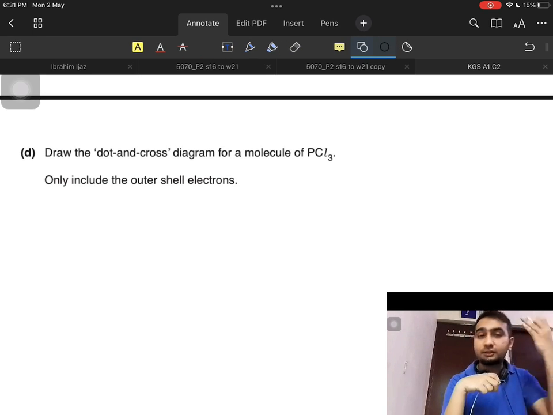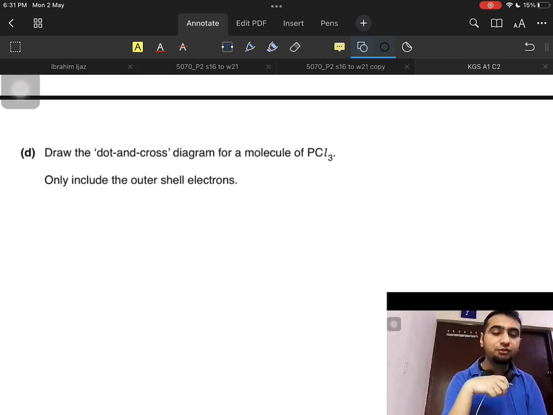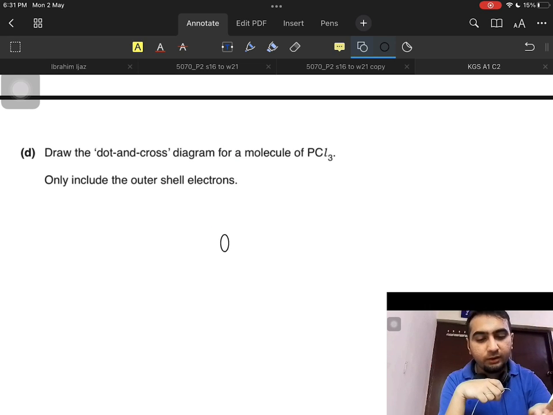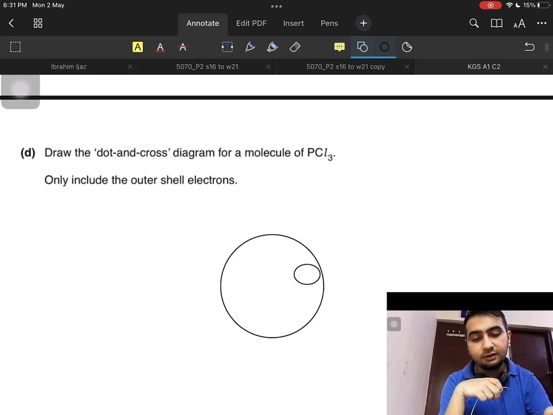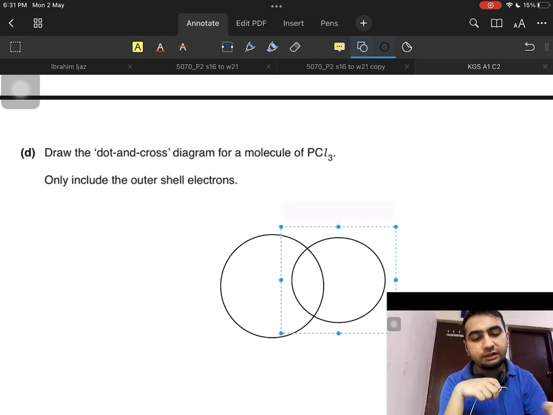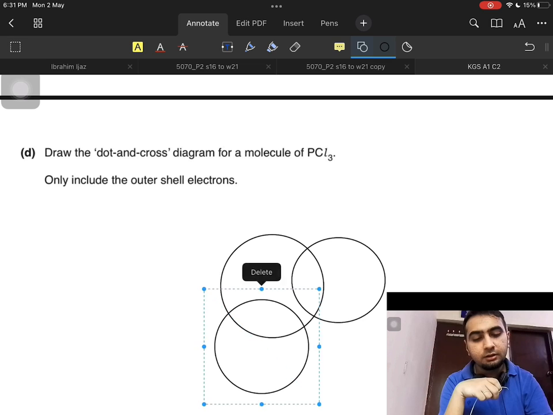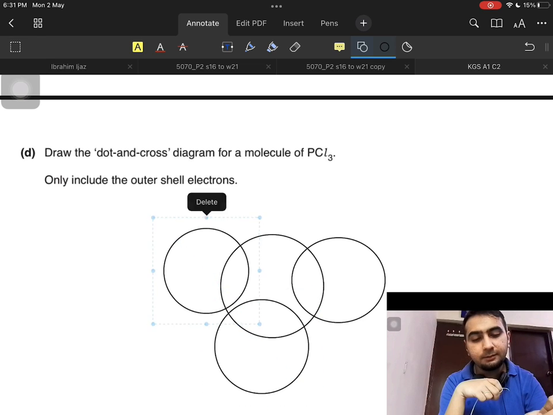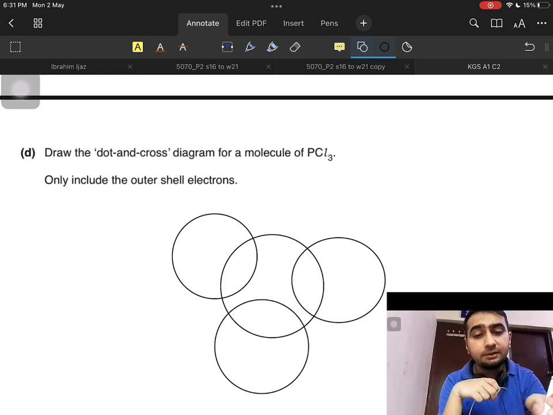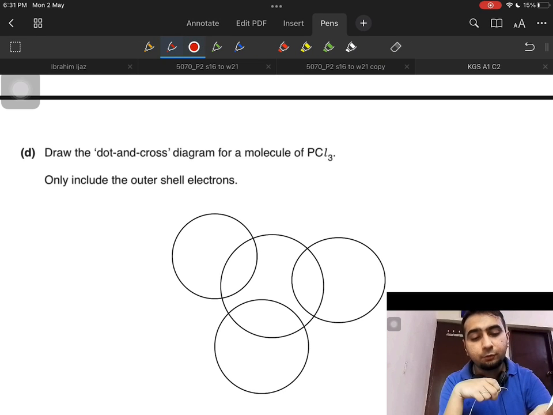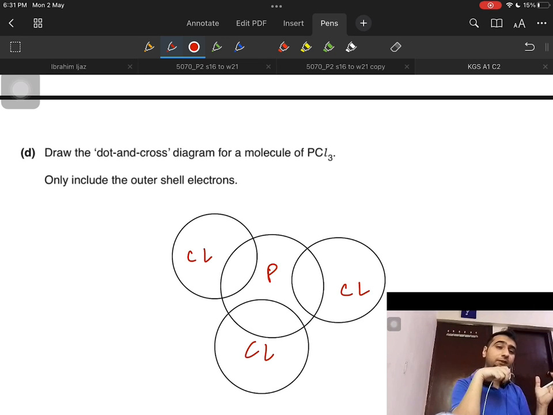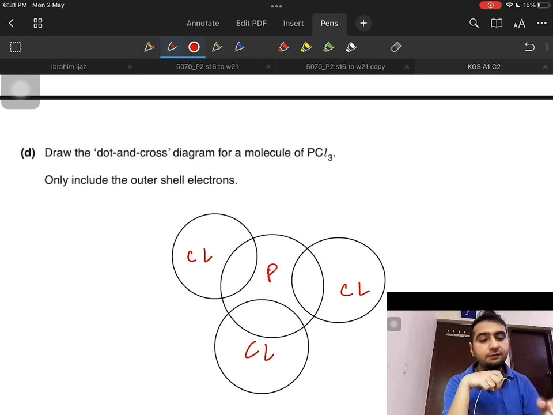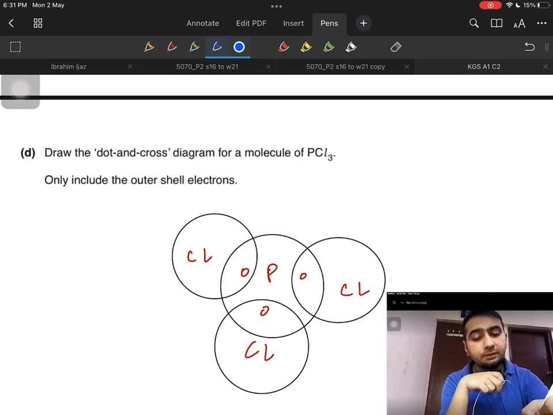If I want to draw the dot and cross diagram of phosphorus trichloride, I would draw 1 circle for phosphorus and 3 circles for chlorine like these. And I would label them: phosphorus, chlorine, chlorine, chlorine. I know phosphorus makes 3 bonds because it's group 5. So dot, dot, dot. And then for chlorine, cross, cross, cross.